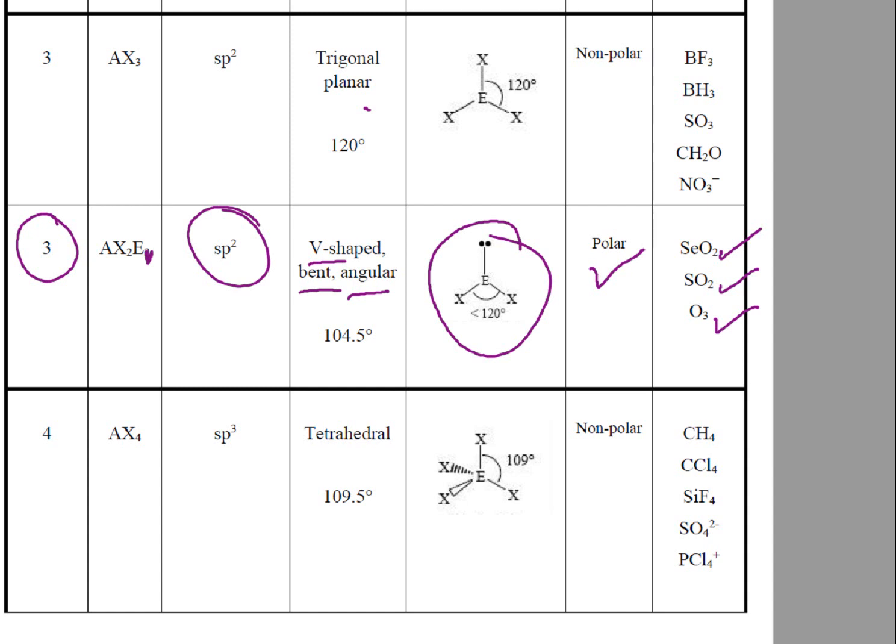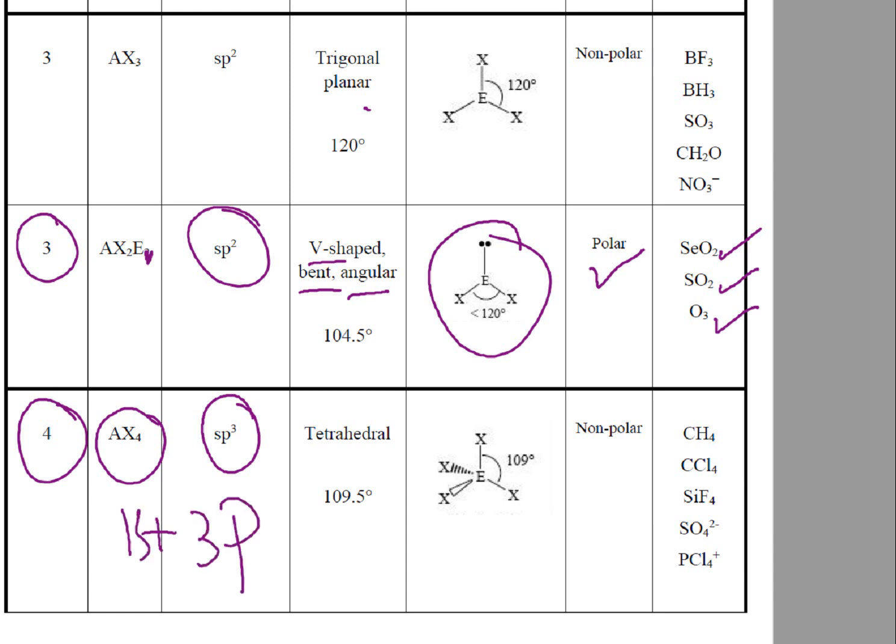This one should be AX2E, just 1 lone pair. If AX4, it means the effective pairs are 4, or there are 4 pairs of electrons around the central atom with no lone pair, the type of hybridization will be sp3 because 1s with 3p are hybridized.